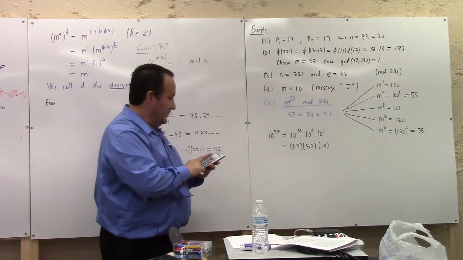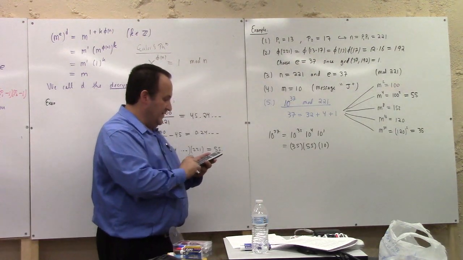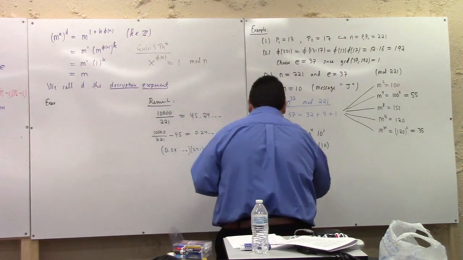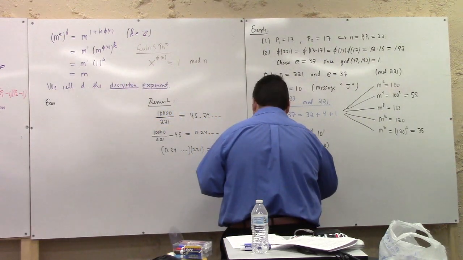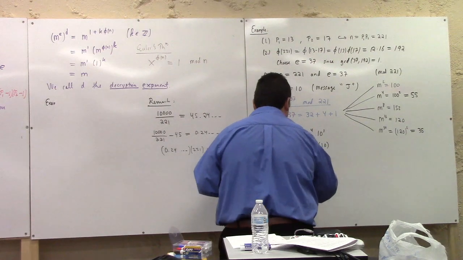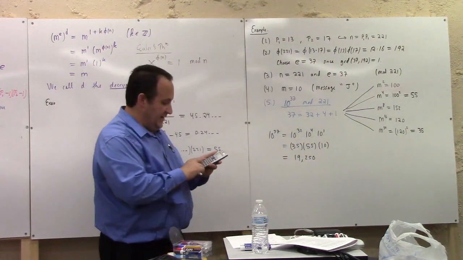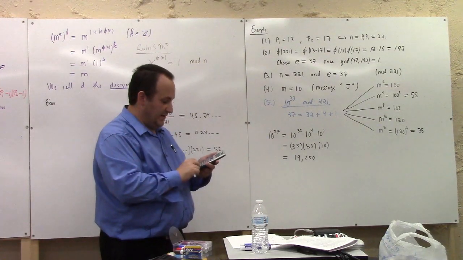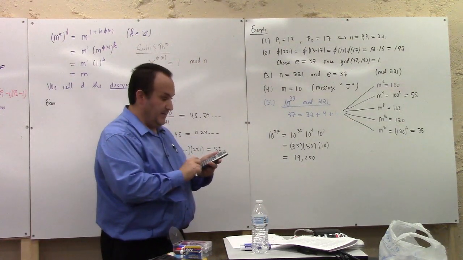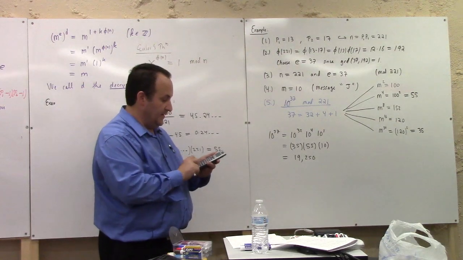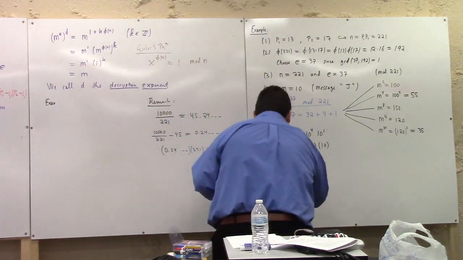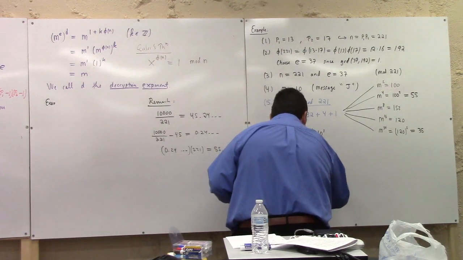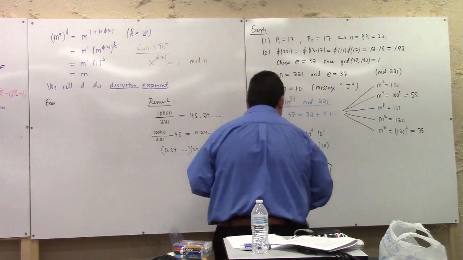Now, the way I'm doing this is not written in stone. There are other ways to do it. This is just a way. I get 19,250. I divide by 221. That gives me 87.1, blah, blah, blah. Subtract 87, multiply by 221. I get 23. So 23 is f of m. This is the encrypted message that your friend sends to you.